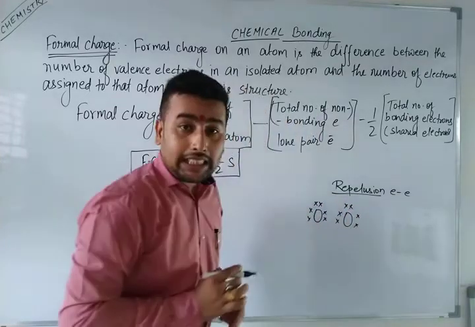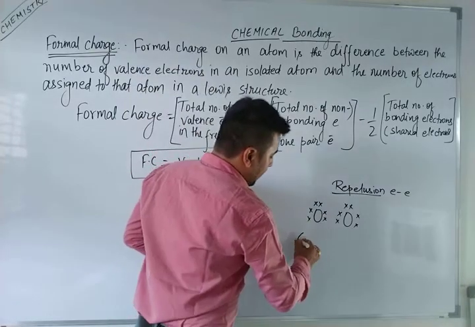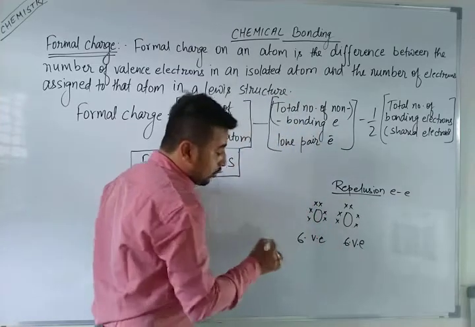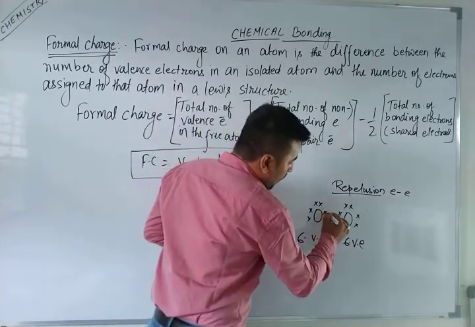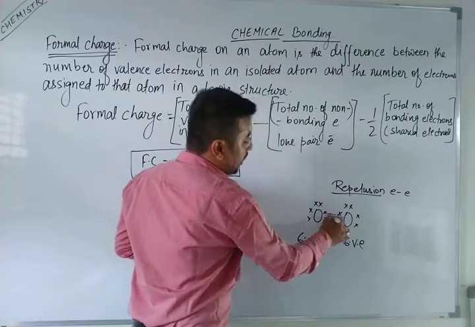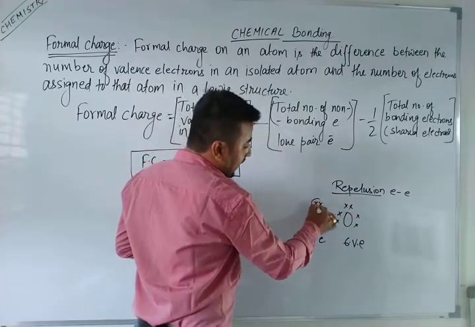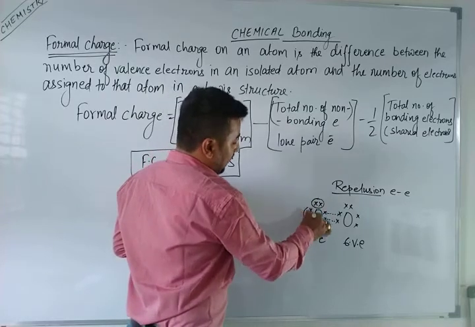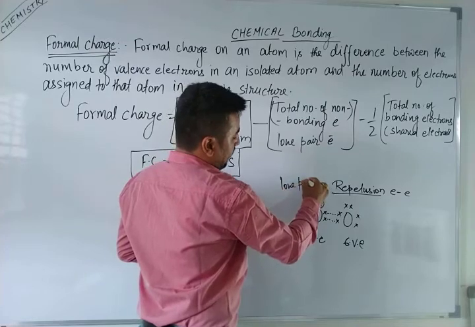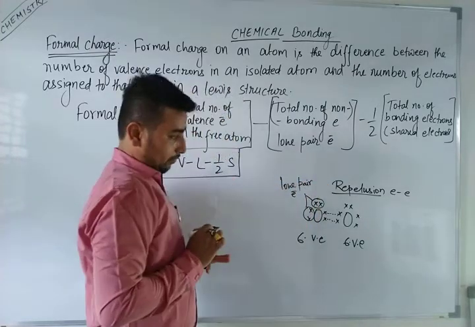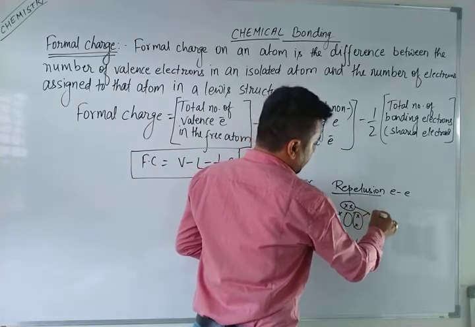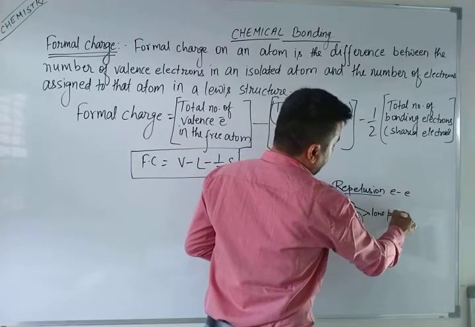In these 6 valence electrons, only 2 electrons are doing the bonding, which means the 2 electrons are sharing. The rest, the electrons which are not taking part in the bond, are known as lone pair electrons. So these 2 pairs of electrons are known as lone pair electrons.